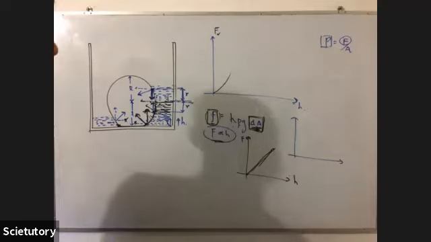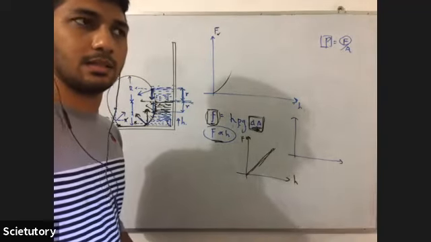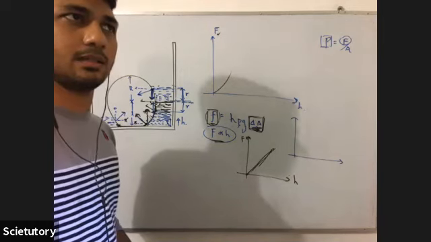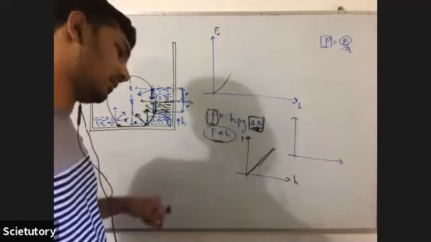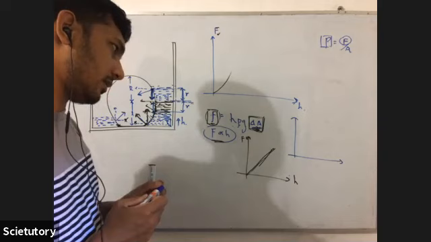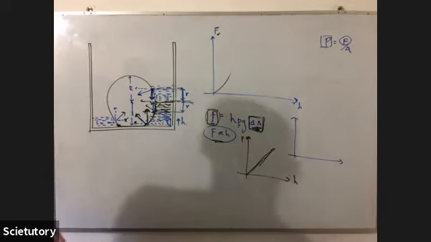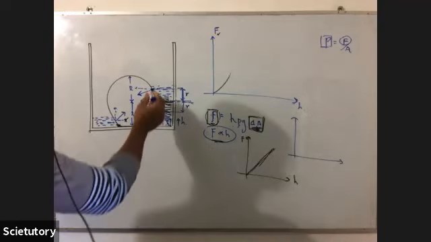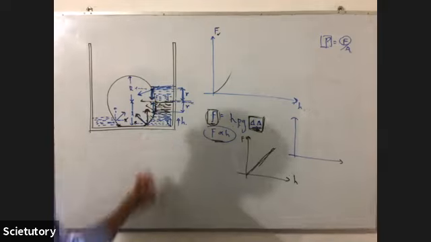Let's just discuss. According to this, when the height of the water increases, will the forces get cancelled and it won't move? It will stay stationary? No, it's not. It's increasing, because if you increase the height, the pressure at the bottommost point is going to increase.